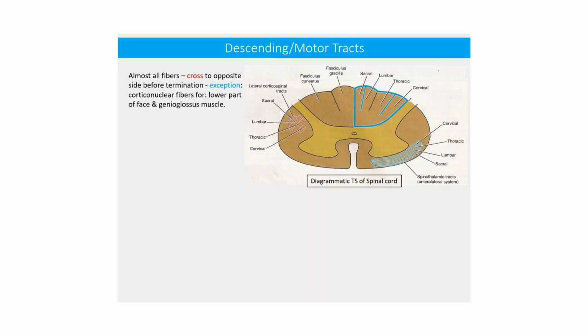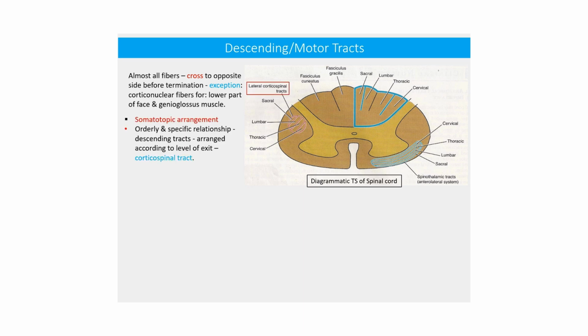Almost all the fibers in the descending tracts cross to the opposite side before termination, exception being corticonuclear fibers for the lower part of the face and genioglossus muscle of the tongue.